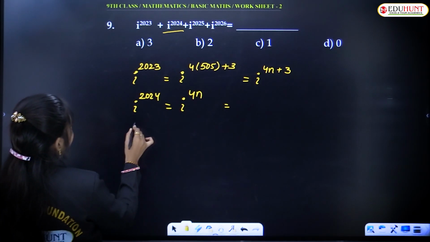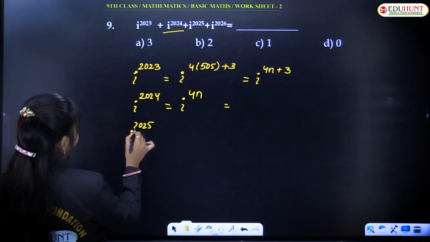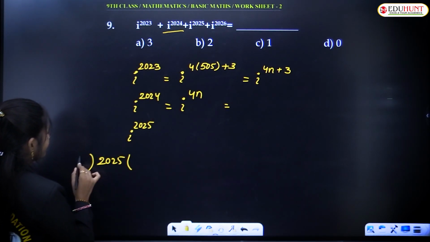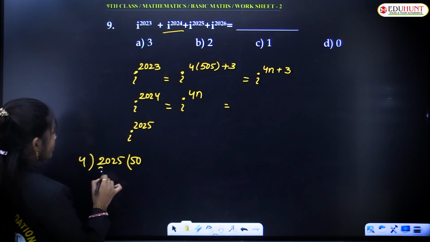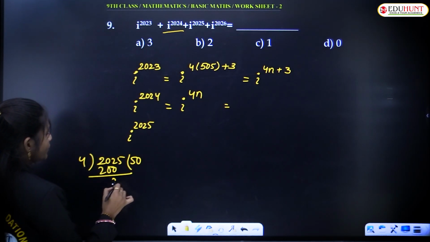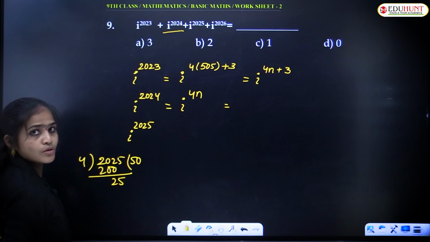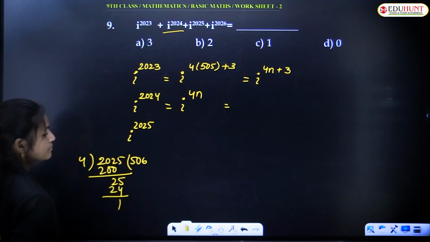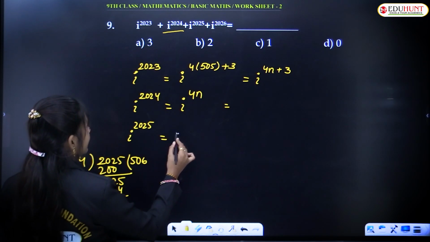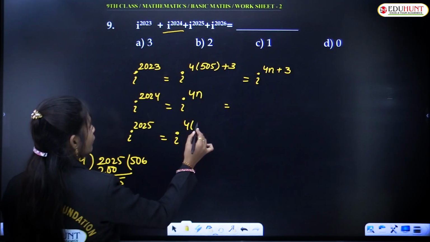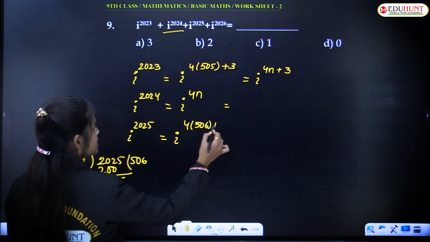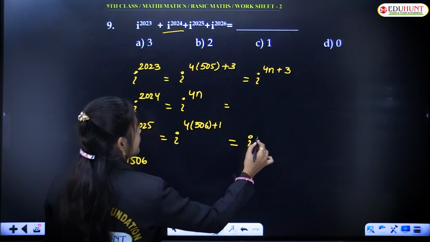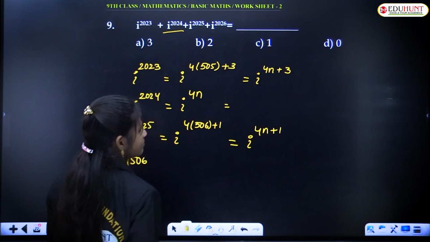Next, i power 2025. So 2025 divided by 4. 4 50s are 200 and here 25. Okay, 4 6s are 24, remainder 1. So we can write this as i power 4 into 506 plus 1, which is i power 4n plus 1.